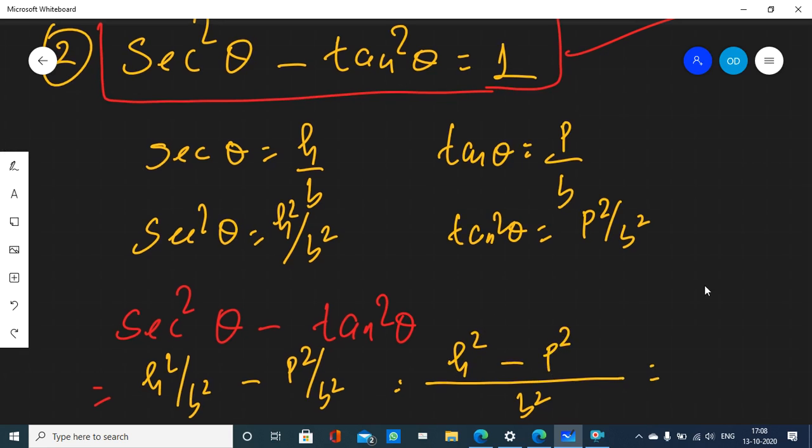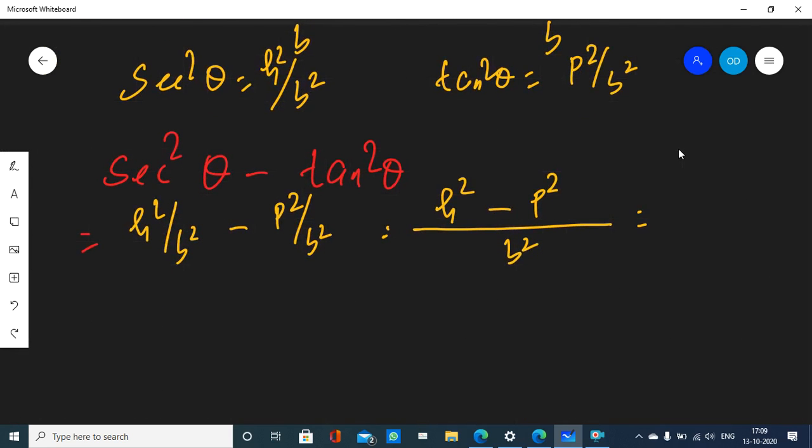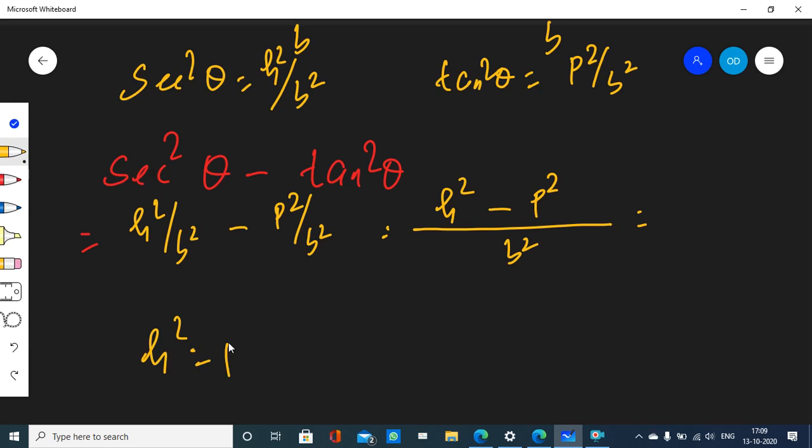And what did Pythagoras actually say? Pythagoras told that h square is equal to p square plus b square.